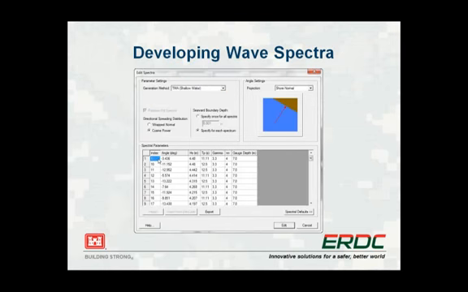What you need to do here is take all your bin wave conditions and copy and paste them into the angle, height, and period columns. You need to create an index for them.